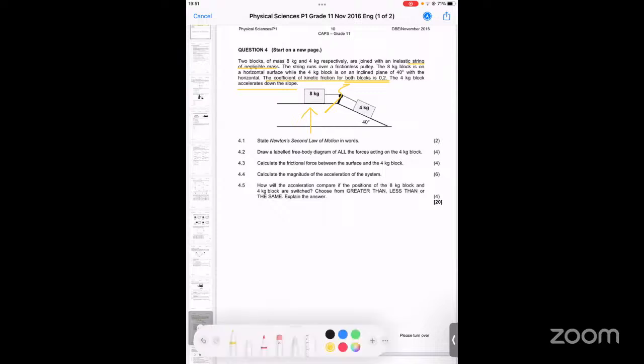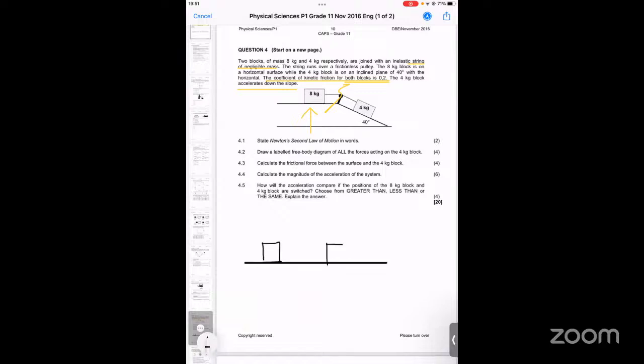And maybe let me explain that part. It might be worth it. If you have two objects connected by a string, when you do the calculations, you will need to cut it somewhere in the middle.